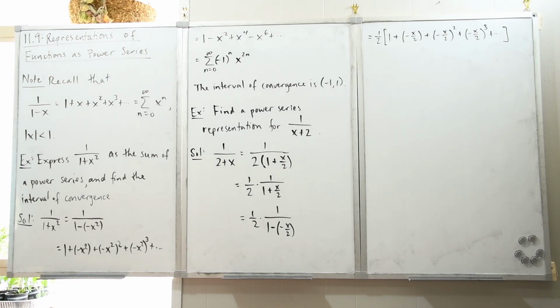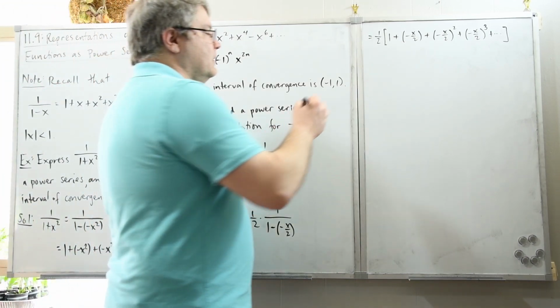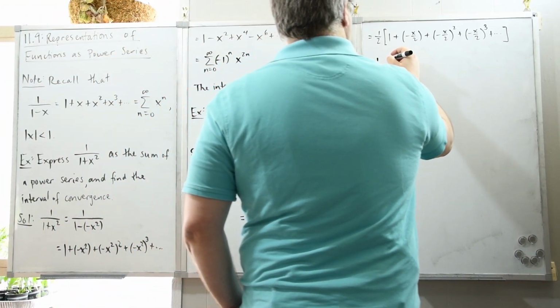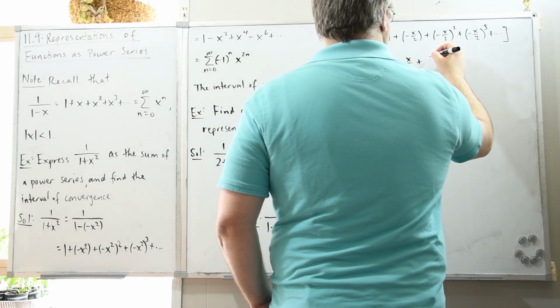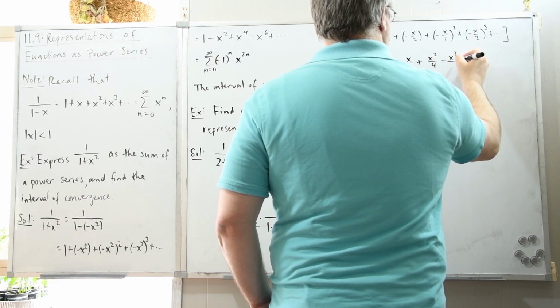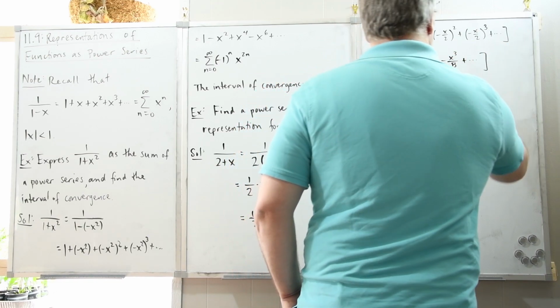But if you think about it, this would be the same thing as 1/2 times 1 minus x over 2 plus x squared over 4 minus x cubed over 8, and so forth.